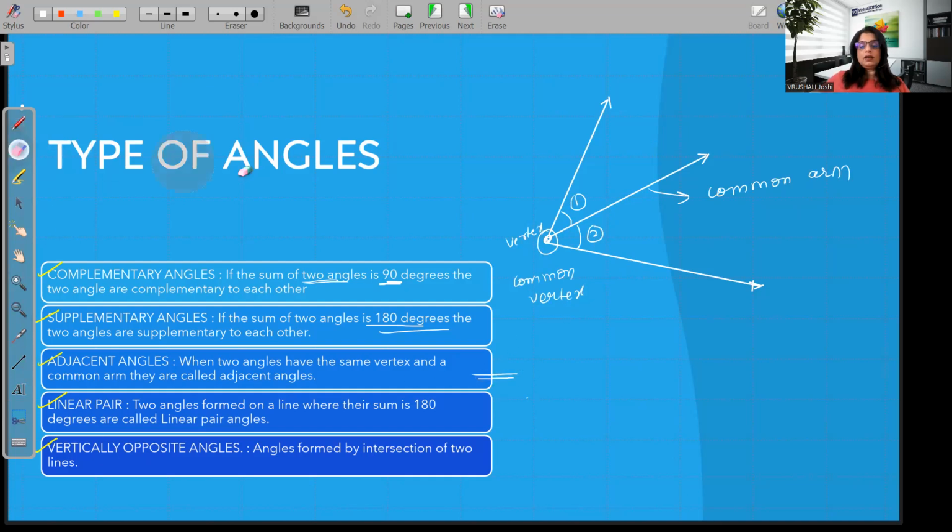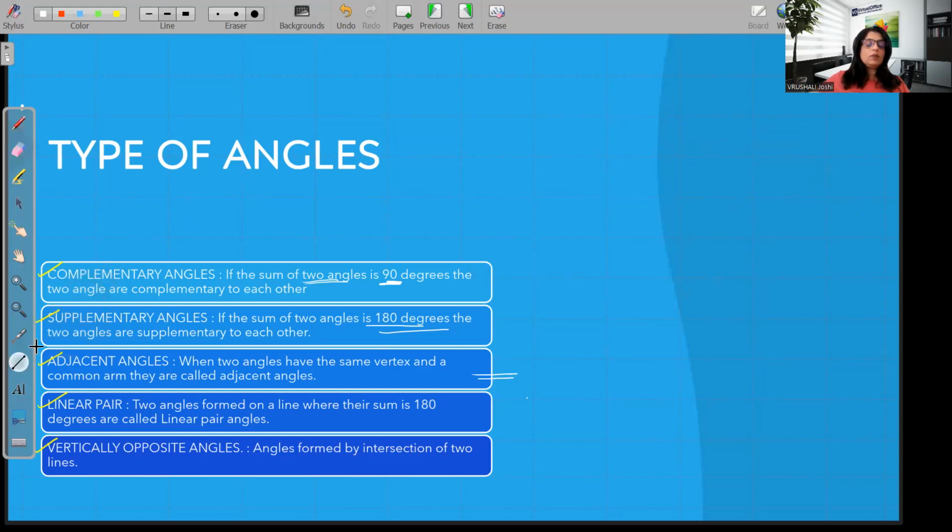Then linear pair. A linear pair is a combination of supplementary and adjacent angles, both. I just gave you an example of adjacent supplementary angles, which is actually also an example of a linear pair. The word linear, it's very interesting to understand this.